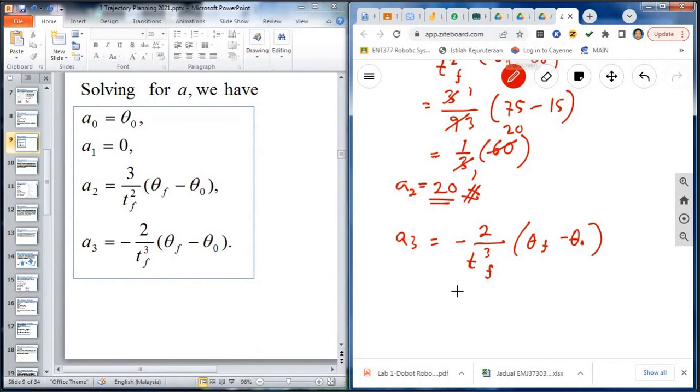Okay, so now you can replace negative 2 divided by T final, which is 3. 3 multiplied by 3 is 9, 9 multiplied by 3 is 27. Theta final minus theta 0 is 60.